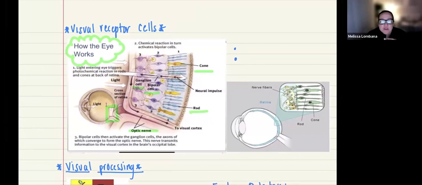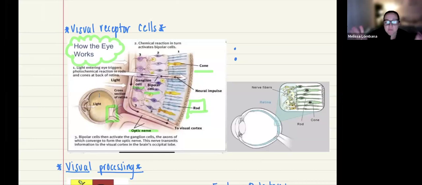The first one you need to know is the rods. The rods detect black, white, and gray. They're sensitive to light, and are used for shadows and for us to see at night. They're very good at night.